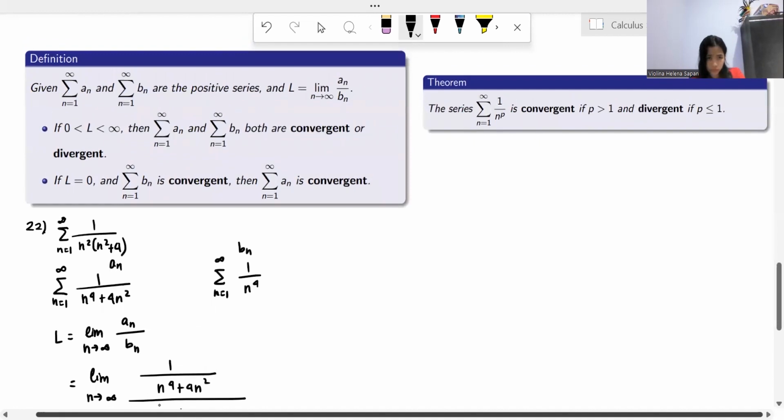So that's why we need to find out if bn is convergent or divergent. So we can use the p-series test. We have p equals 4 here, and p is larger than 1. That means series of bn is convergent. And that makes the series of an convergent as well.